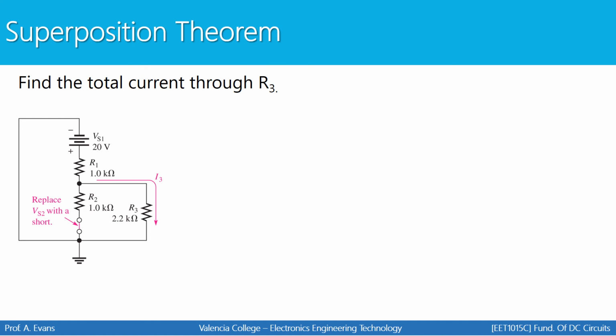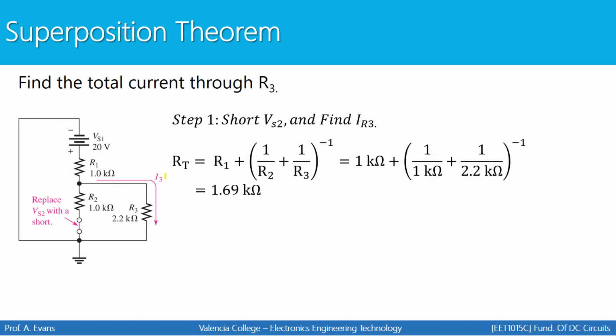I'm going to start by replacing VS2 with a short circuit. And remember, my goal is to find this current right here, the current through R3. So we're going to start by finding the total current in this circuit now that VS2 has been replaced with a short circuit.